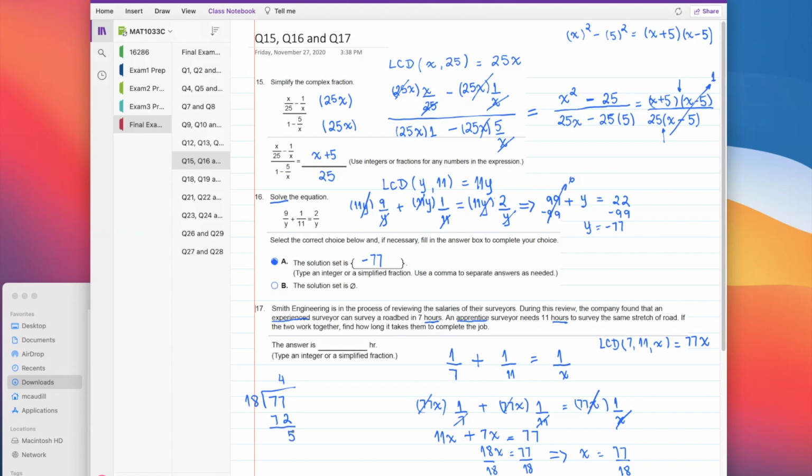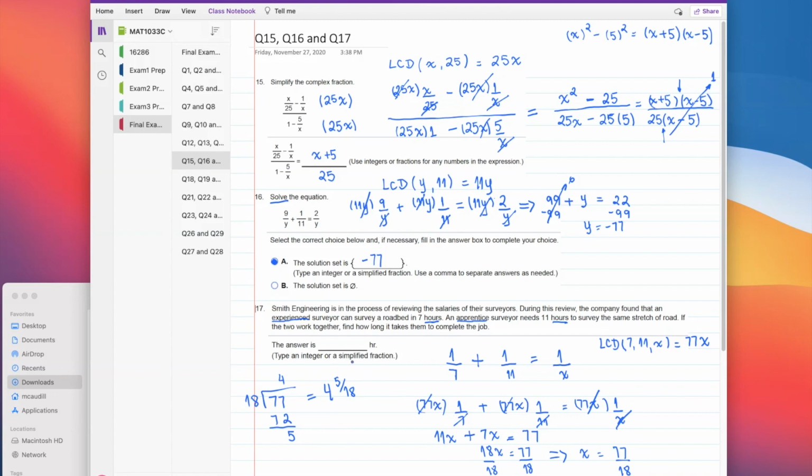Then left over 5. So it means that it is 4 hours and 5/18 of an hour. 5/18 of an hour is about 12 or 13 minutes. A little over 4 hours is how long it takes for them working together to survey that same stretch of road.